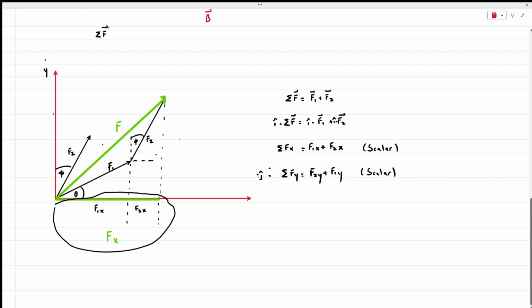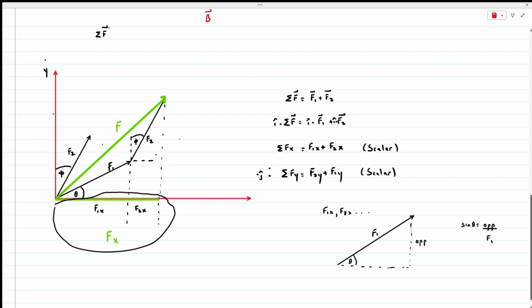How do we find this F1x or F2x or any of the other components that we were speaking about? It all breaks down into right triangles. If we have a force F1 and we wish to find its x component and its y component, let's say it's at an angle theta, the sine of theta is equal to the opposite side divided by the hypotenuse, F1.